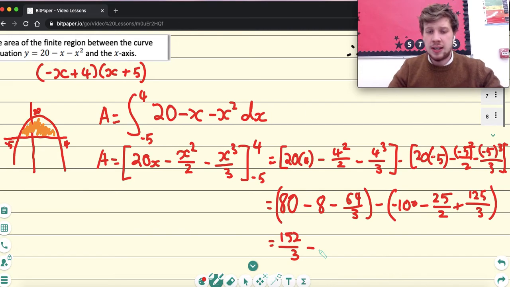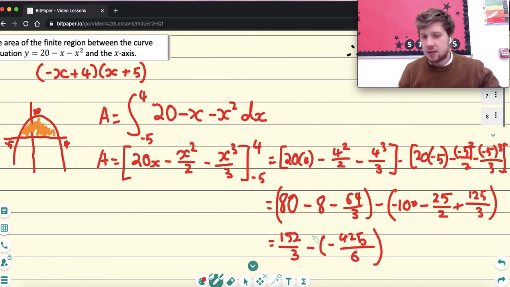And we're taking away -100 subtract 12.5 plus 125 over 3. That would be -425 over 6. As these are both negative, it's going to be 152 over 3 add 425 over 6.